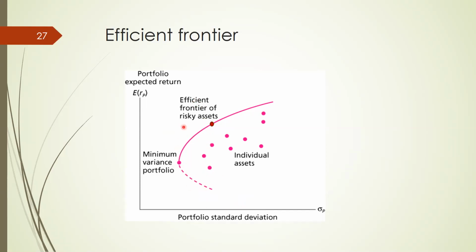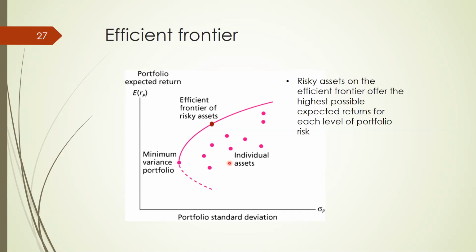So the minimal variance frontier includes all portfolios that have the lowest risk given each level of mean returns. And the efficient frontier portfolio also has the highest return given each level of risk. Therefore, efficient frontier portfolios will dominate all other individual assets or portfolios formed through the combination of those individual assets.